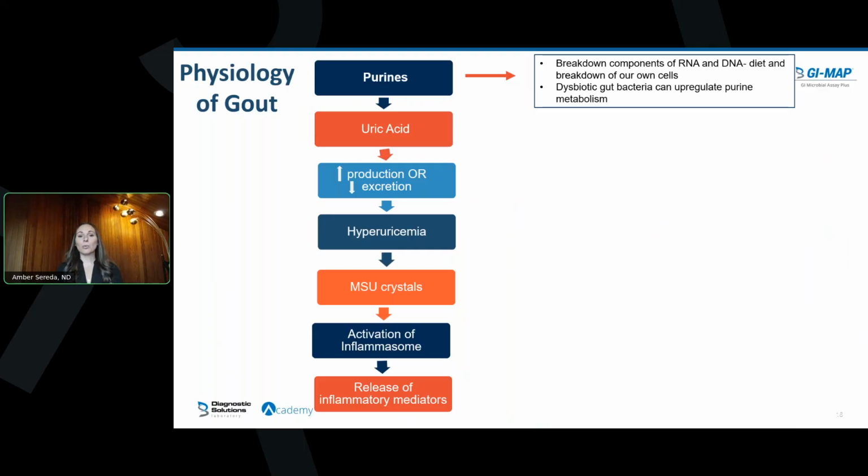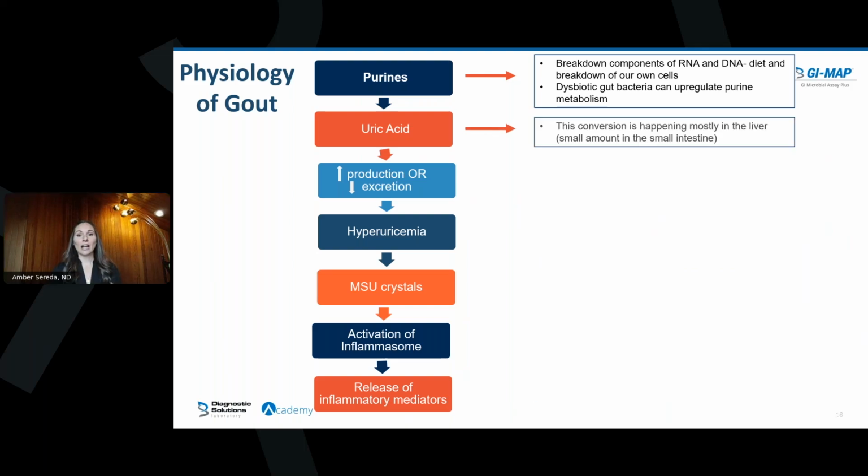And then the second point there is it's really important that we understand that our dysbiotic gut bacteria can upregulate that purine metabolism. And as you can see next, the breakdown of purines leads to uric acid. The conversion from purines to uric acid is mostly happening in the liver and a small amount in the small intestine.